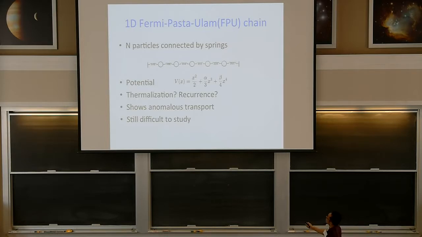But the question was, what happens if we introduce this nonlinearity, when alpha and beta are non-zero? This model was first introduced by Fermi, Pasta, and Ulam a long time ago, like 1955 or so.